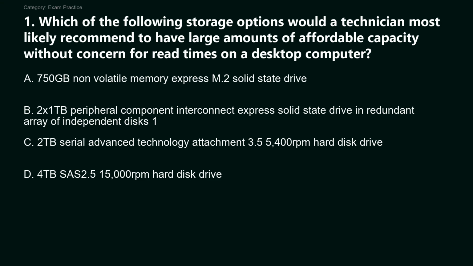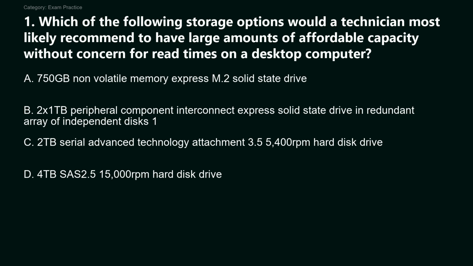Question 1. Which of the following storage options would a technician most likely recommend to have large amounts of affordable capacity without concern for read times on a desktop computer? Option A, 750 GB non-volatile memory express M.2 solid-state drive. Option B, 2x1 TB peripheral component interconnect express solid-state drive in redundant array of independent disks 1. Option C, 2 TB serial advanced technology attachment 3.5, 5,400 RPM hard disk drive.